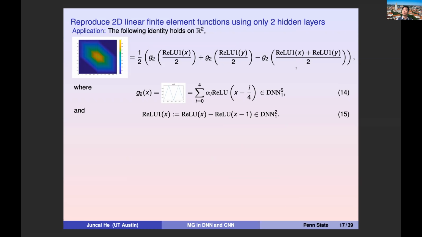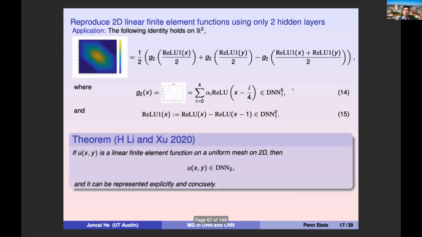This function is then only locally supported. Based on this, we can have the following theorem: for any uniform mesh, of course you can have a linear transformation for this uniform mesh, and then you can write down this representation of the function explicitly and concisely.